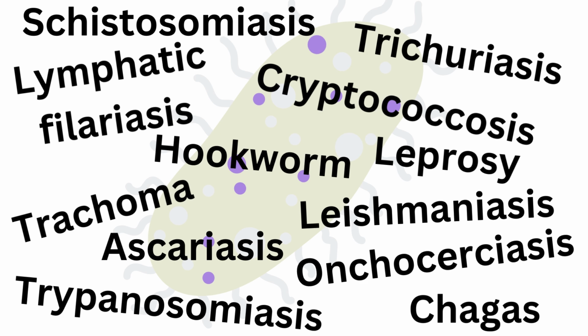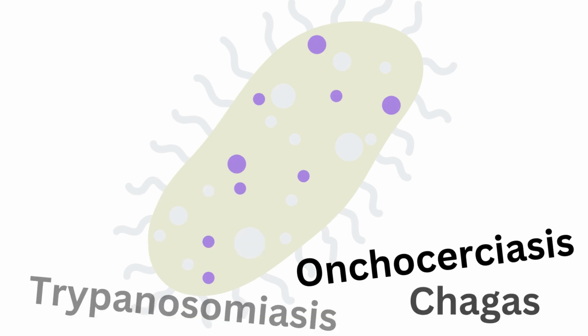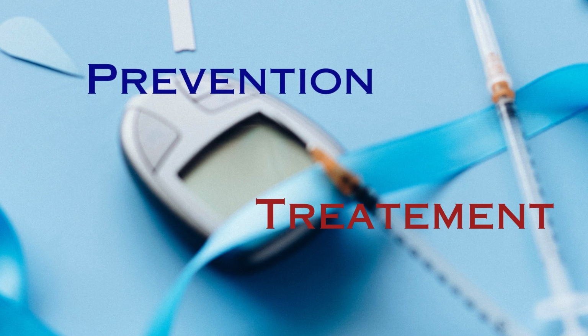Each disease requires specific strategies for prevention, such as vector control, improved sanitation, and access to health care. Treatment options range from antiparasitic medications to surgical interventions, depending on the disease and its progression. By raising awareness, investing in research, and supporting affected communities, we can work towards eliminating neglected tropical diseases by 2030.